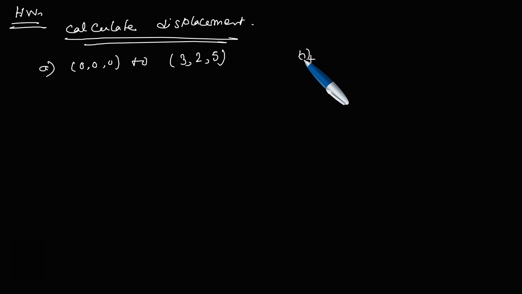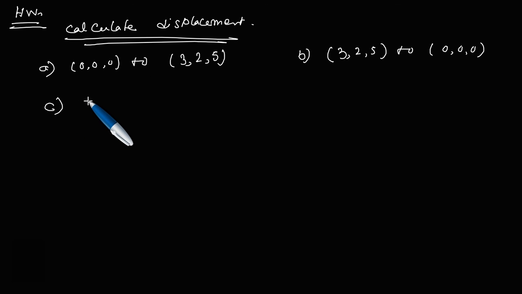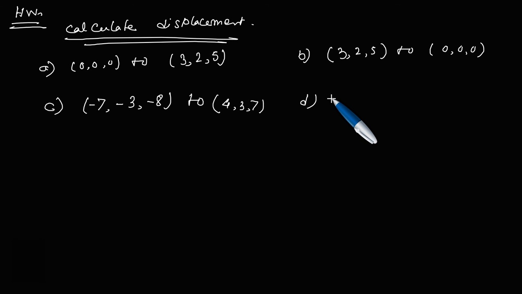Number B, the reverse order, 3, 2, 5 to 0, 0, 0. C, minus 7, minus 3, minus 8 to another point 4, 3, 7. And D, 1, 0, 1 to 0, 1, 0.